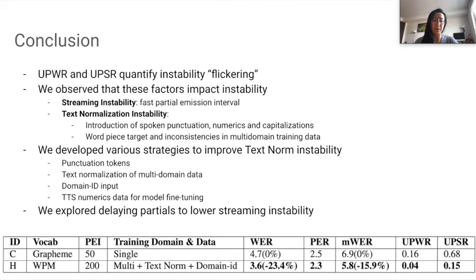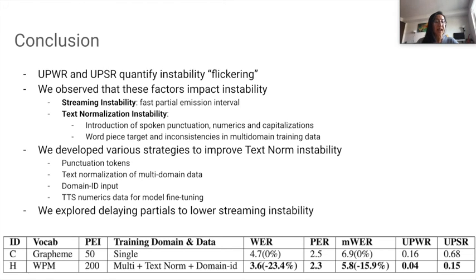instability of the system. We developed various strategies to improve text norm instability, which include using punctuation tokens that capture punctuation words as one single word piece model target. We also use text normalization to ensure the consistency of casing in our multi-domain training data.